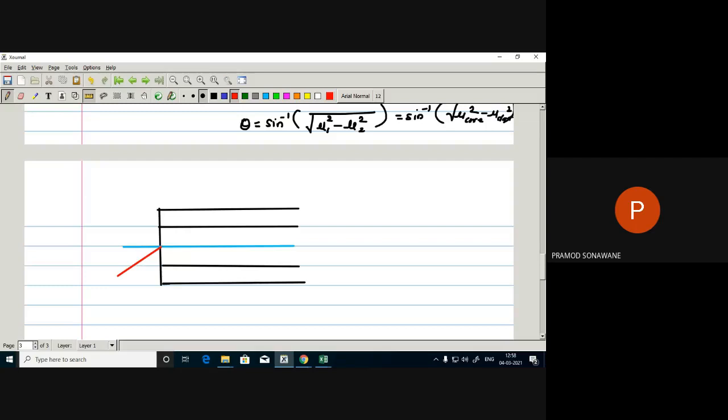If the angle of incidence is greater than the critical, here angle of incidence is greater than critical, so it can be reflected back.